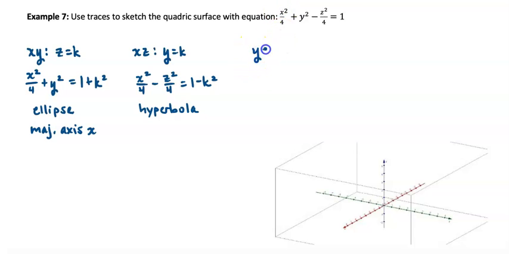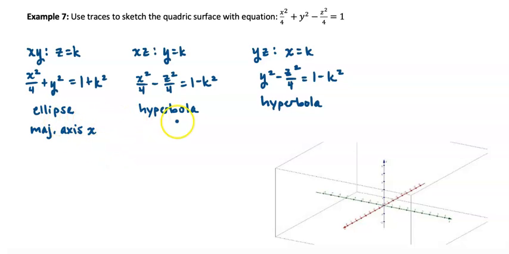Finally, for the yz trace, our x is going to be some k, and so we are left with y squared minus z squared over 4 is equal to 1 minus k squared. Again, we have one negative, and we are left with a hyperbola.